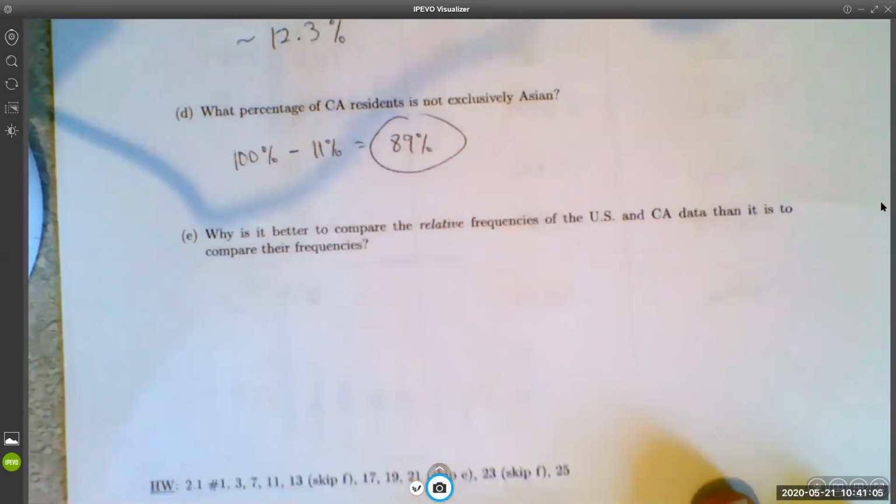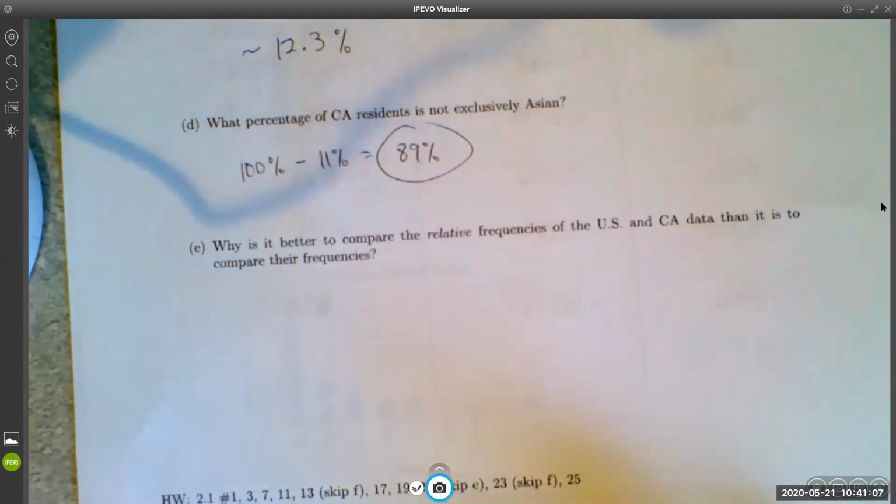Okay, now here's my answer to the question. The US and California do not have the same total number of people in them. The US has a lot more people in it than California does, right? So if you were to compare just the frequencies of people of each race in the US and California, then obviously the US is going to have a lot more people in each category than California does, right?